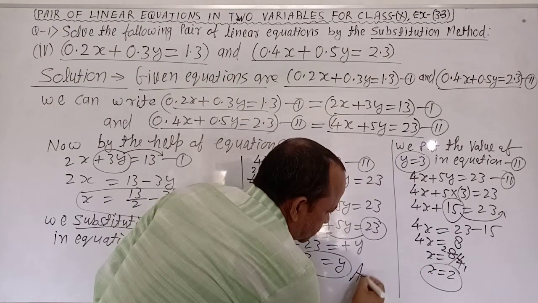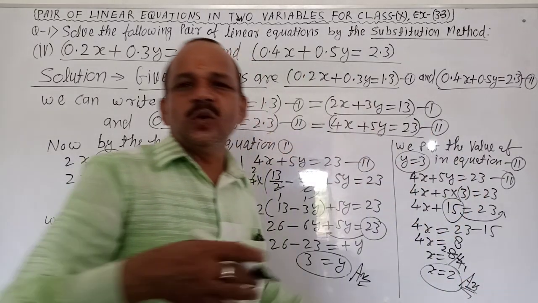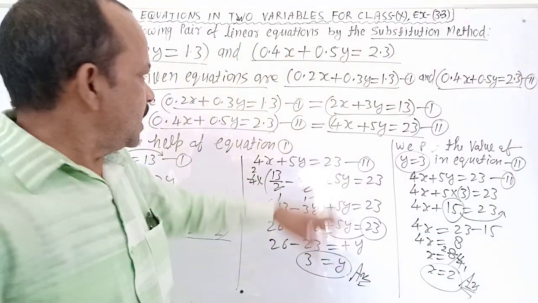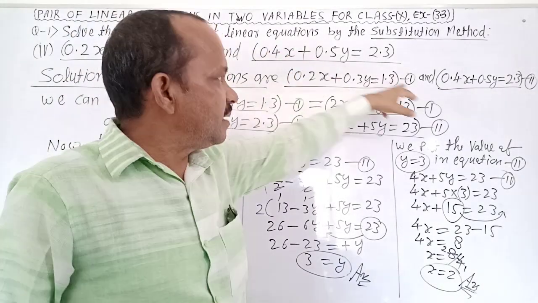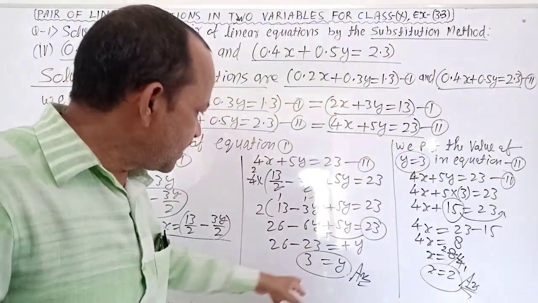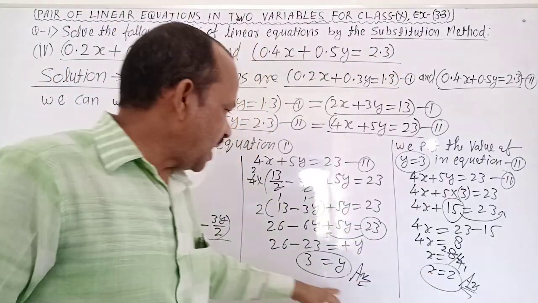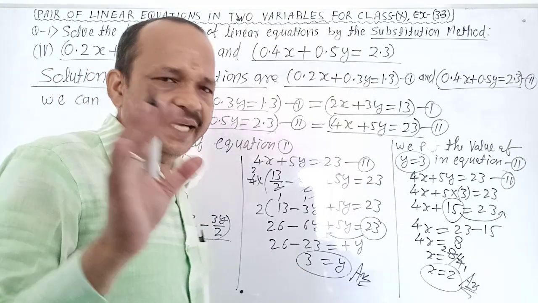Y equal to 3. X equal to 2 is your answer. You solve equation first and equation second by the substitution method and you find the value of x equal to 2 and y equal to 3. Clear?